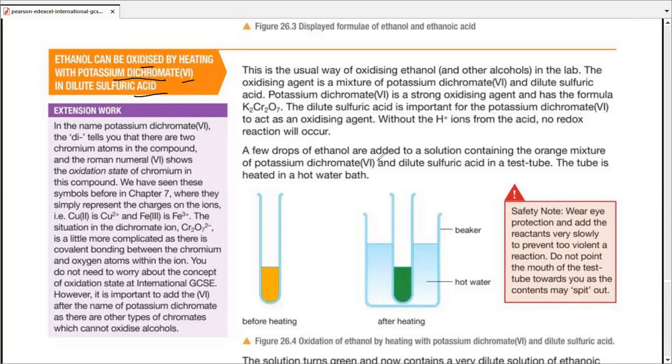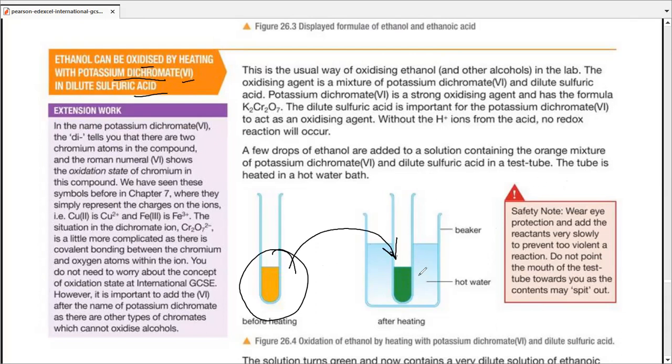Now, a few drops of ethanol are added to a solution containing the orange mixture of potassium dichromate. It's its natural color, and as soon as it goes with its oxidizing reaction, it is turned into green. So what do you do?